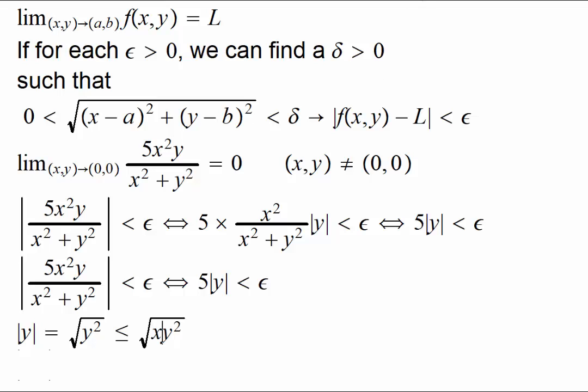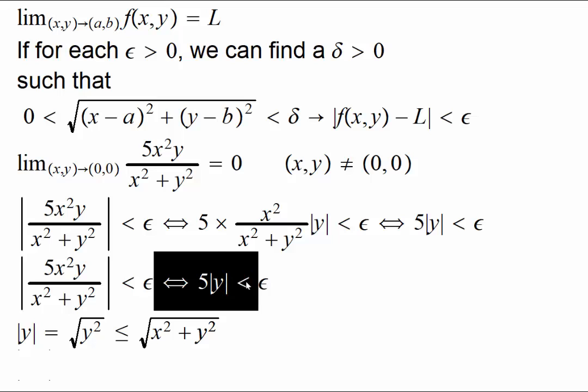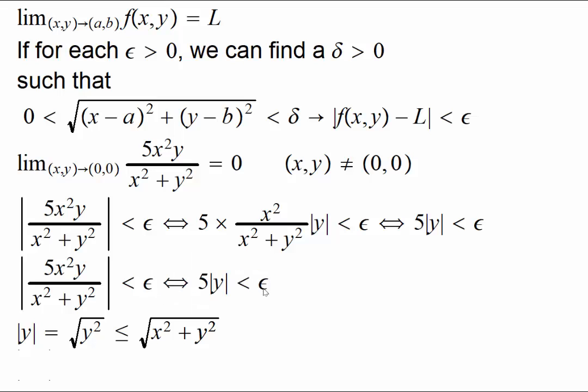So what we found was that the absolute value of y is less than this quantity, and that's what we needed to work with, right? So we can now replace this by the square root of x squared plus y squared, and that is what we needed, right?